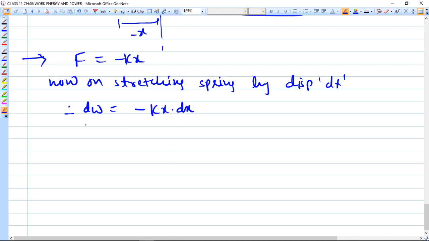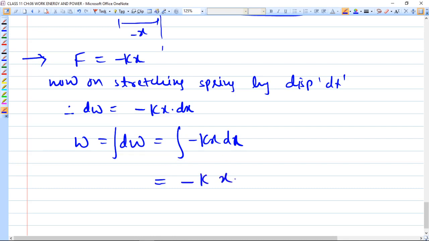This much work done will be there, and total work done will be equal to the integration of dW, which is given as minus kx dx. If you integrate, what will you get? Minus k outside, and integration of x dx is x square by 2. Let me put some limits also.